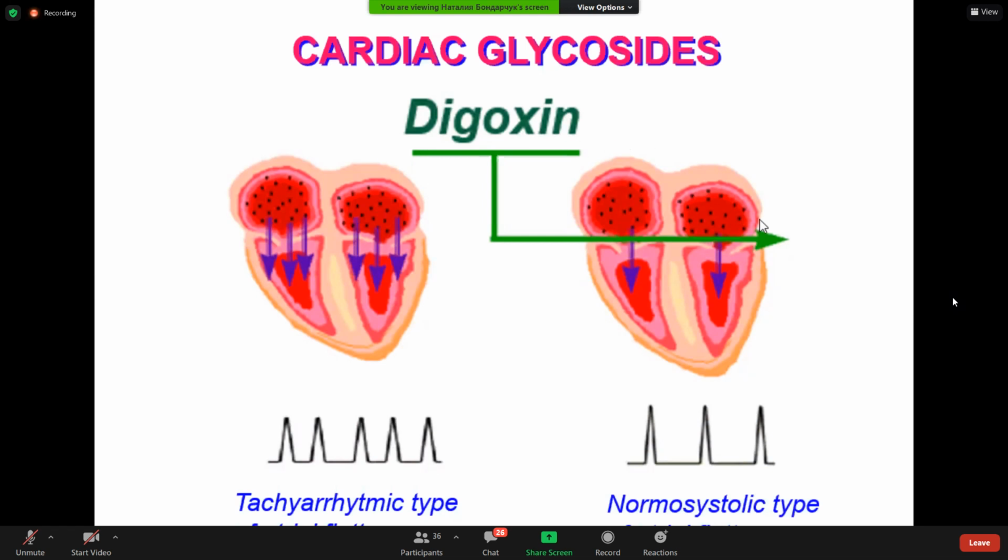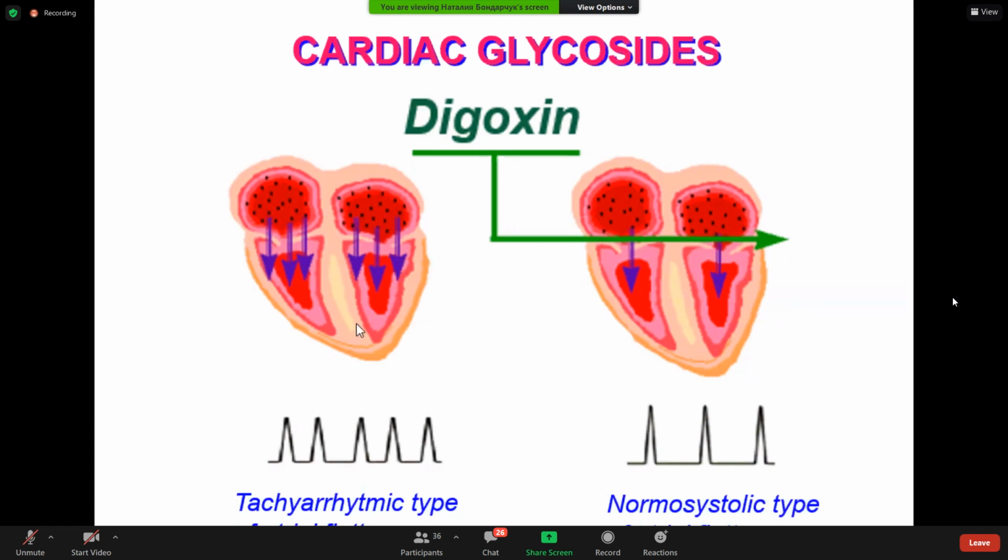So the mechanism of antiarrhythmic action of digoxin is characterized by reflex activation of nervus vagus as a result of increased cardiac contractility. So the action of nervus vagus on the AV node is decreased AV conduction. So the mechanism of the antiarrhythmic action of digoxin is the decreased AV conduction.